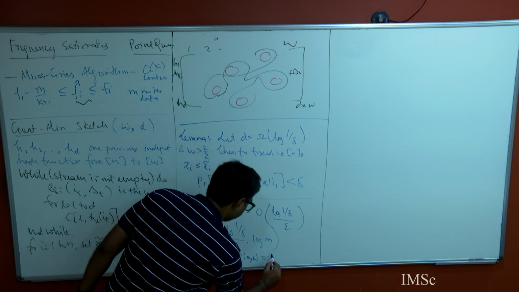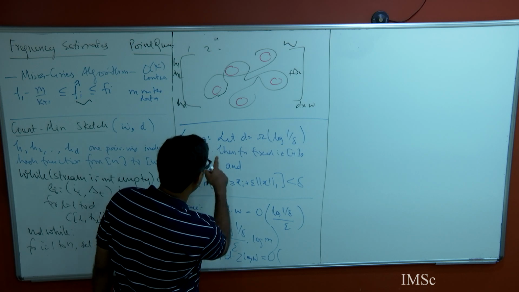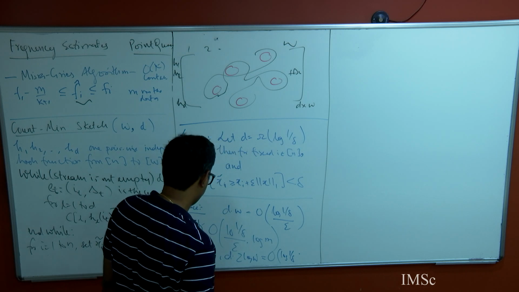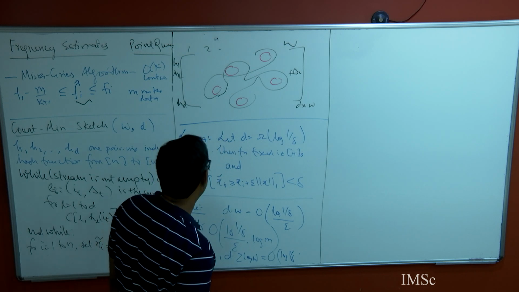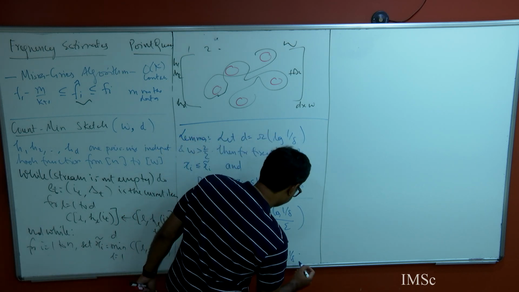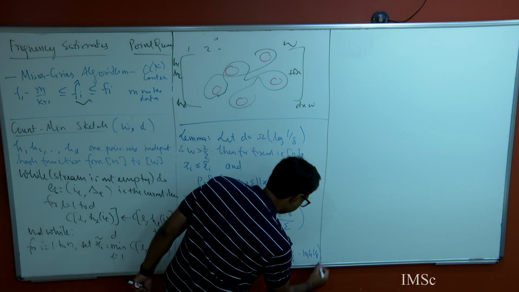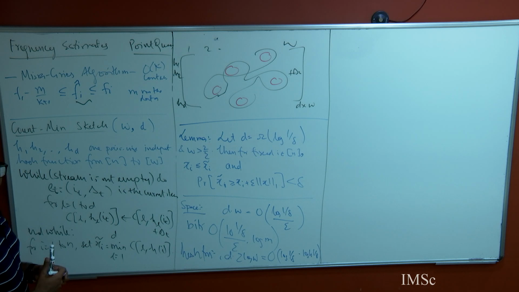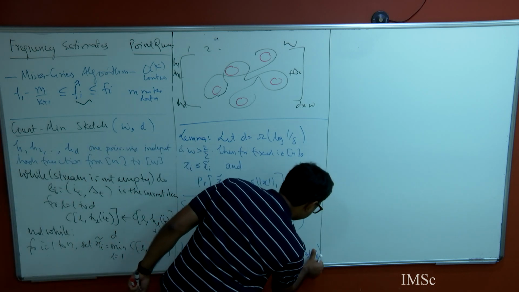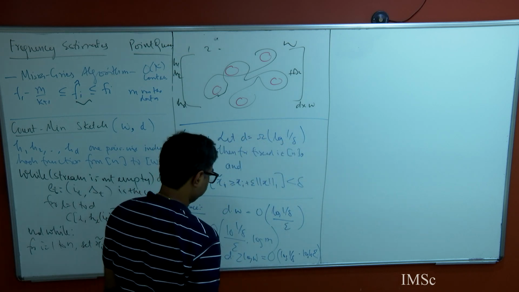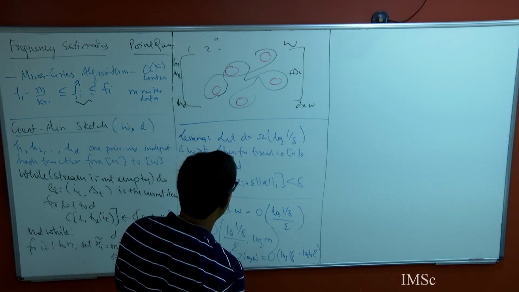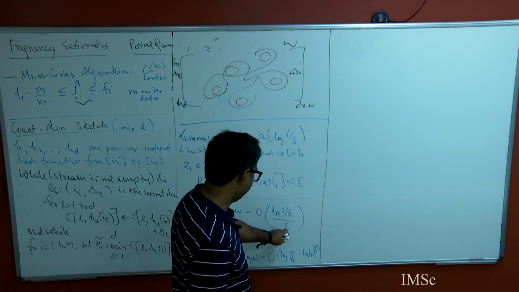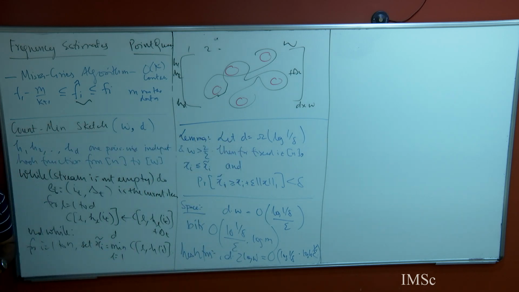So big O of d is log 1 over delta, times 2 goes into the big O, and log of w is log of 2 over epsilon, so log of 1 over epsilon, which is nothing compared to this.